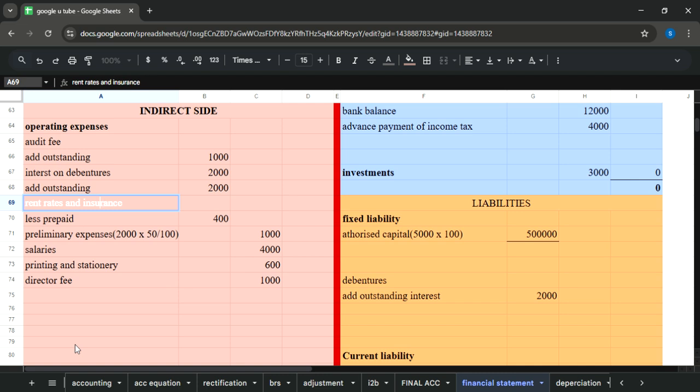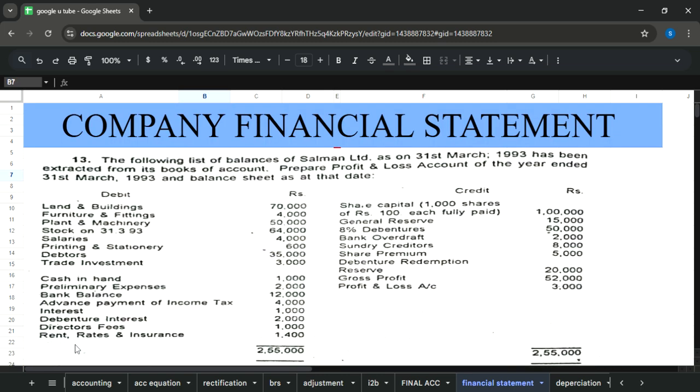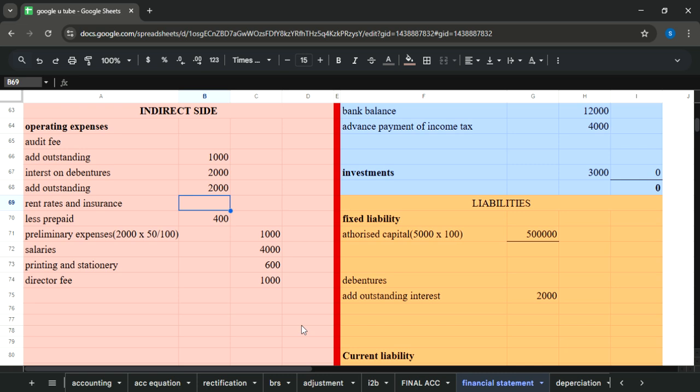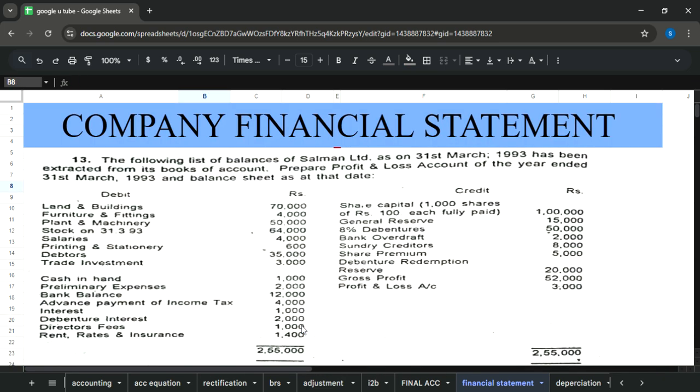So insurance would be recorded on the operating expense side, while the amount mentioned over here is 1,400. So let's write 1,400 in operating expense side. In this way, you have seen that all elements present on the debit side are recorded. Each and every particular present over here was carefully recorded in the relevant place of the financial statement.